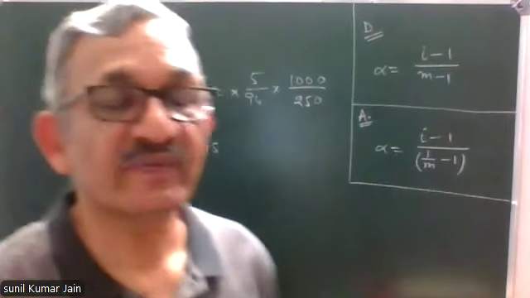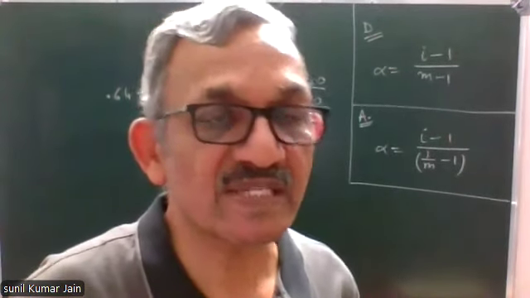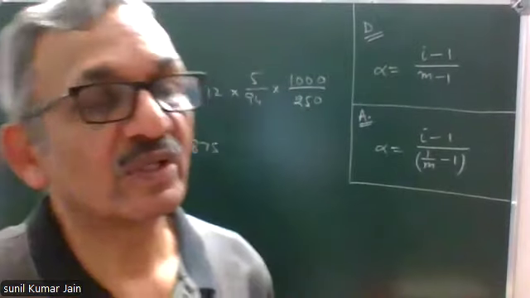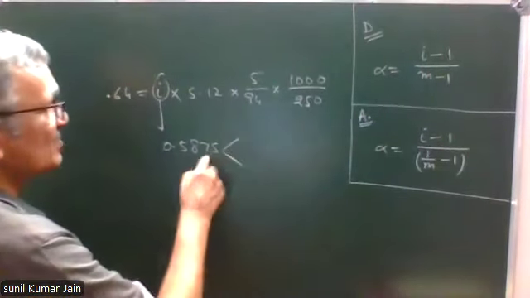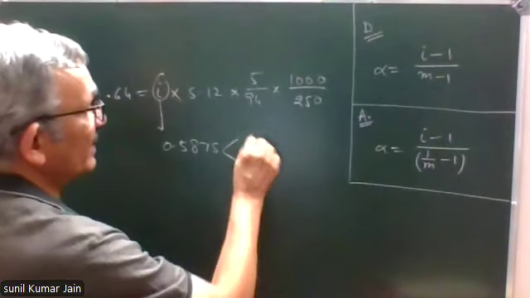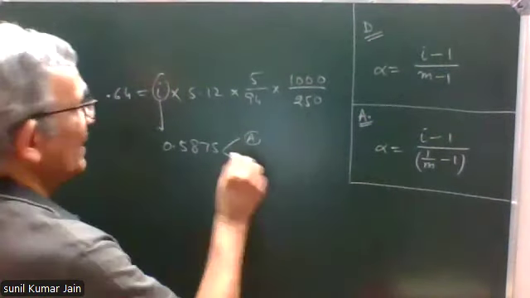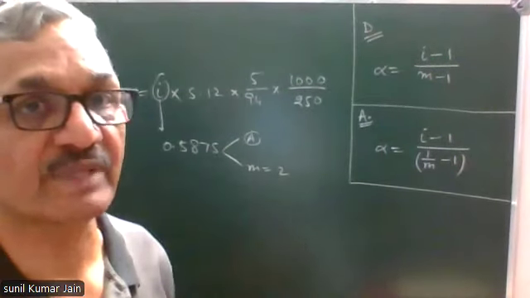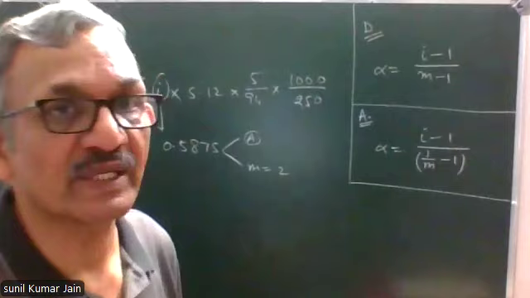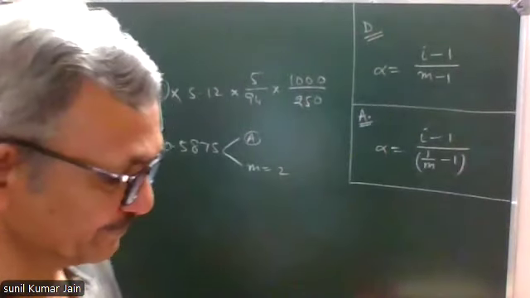Please calculate the value of i up to 4th decimal place. Otherwise, this will lead to a lot of difference in the answer. Now, this value will be substituted in the association equation and the value of m will be 2 because it forms dimer. Rest you have to substitute and calculate the value of alpha.